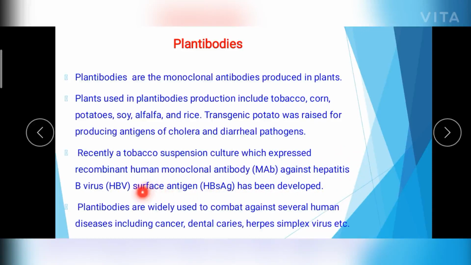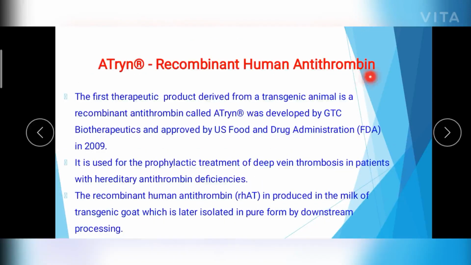That is, the hepatitis B virus surface antigen can be developed using tobacco suspension cultures. Like this, various plantibodies can be produced in plant cells for different human diseases like cancer, dental caries, herpes simplex virus.